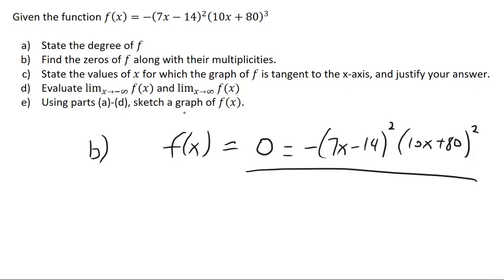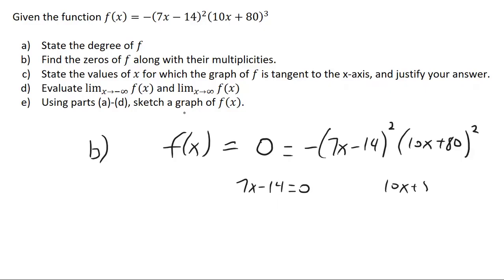We want to set the function equal to 0. So we use the thing called the zero product property. So 7x minus 14 can be 0, or 10x plus 80 can be 0. Okay, so then 7x is 14, x is equal to 2. This is 10x is negative 80, x is negative 8.